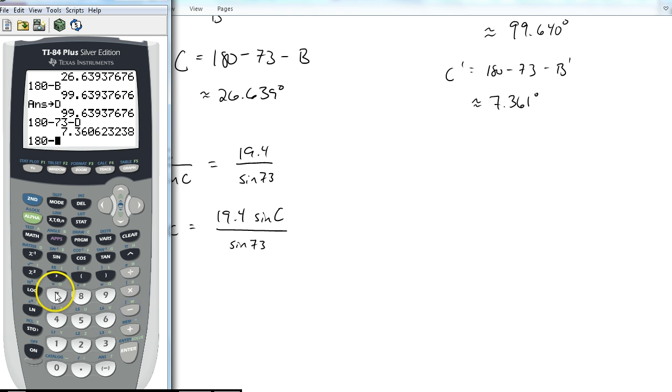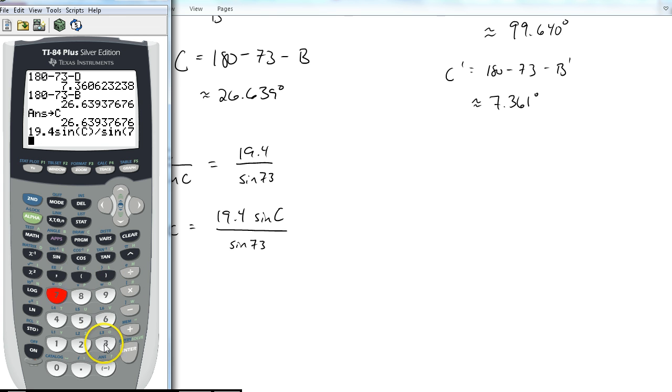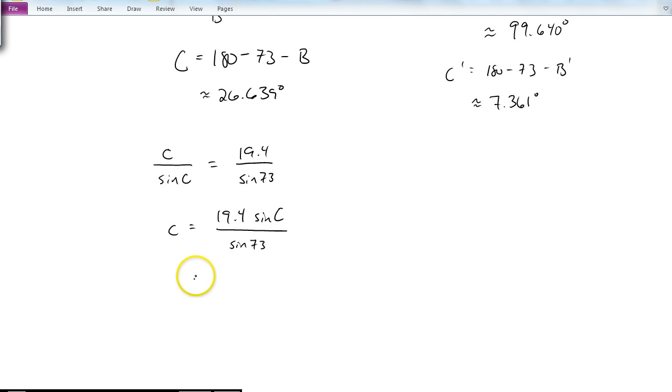I'm going to stick to my principles here. I'm going to store that as angle C. Okay, so let's try this again. 19.4 times the sine of angle C divided by the sine of 73. Okay, that's 9.096.